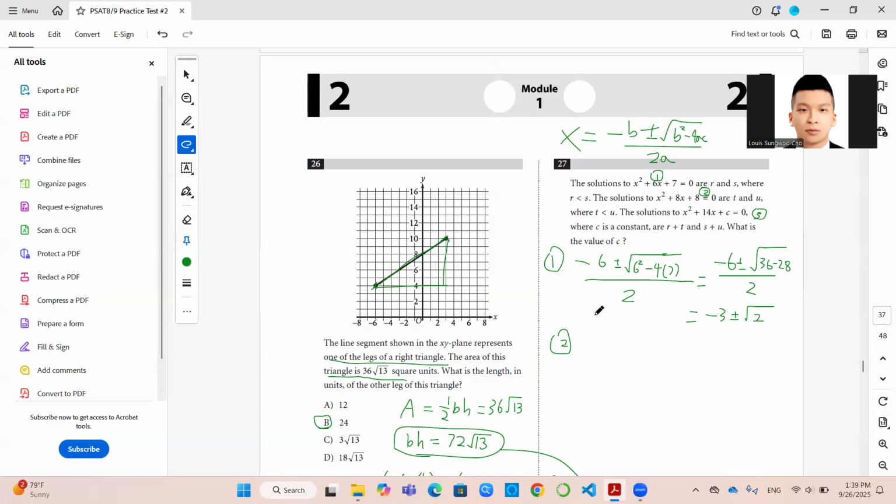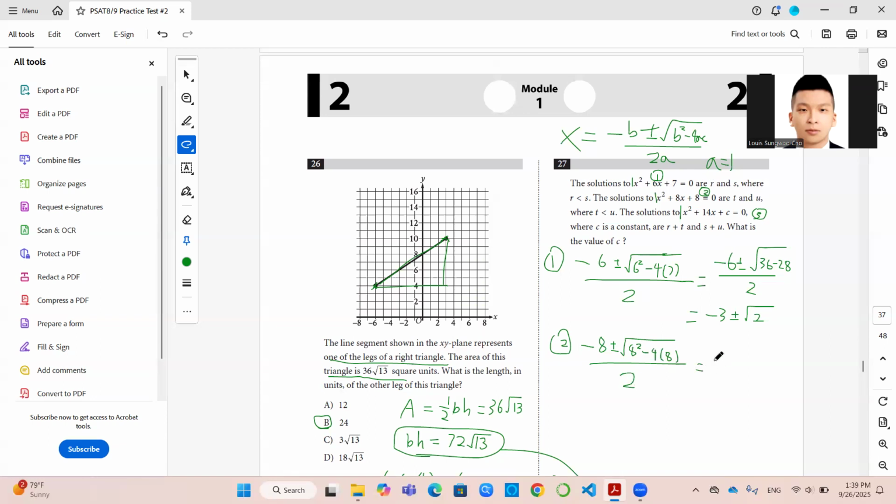We have, let's do the same as well. Minus 8 plus or minus the square root of 8 squared minus 4 times 8, over 2. The reason why I didn't multiply a here is because a is 1, because we have a 1 here and a 1 here and a 1 here.